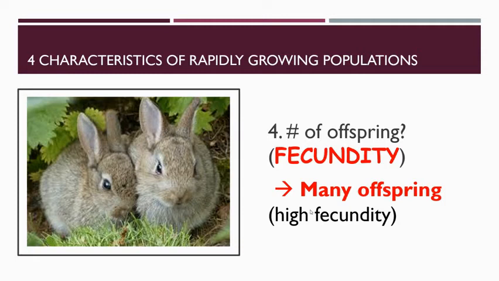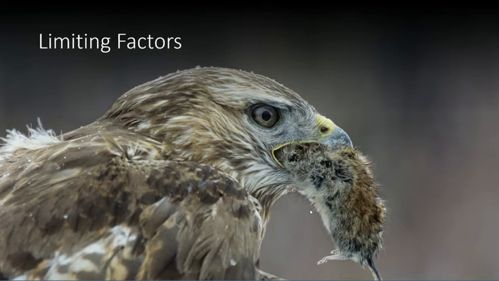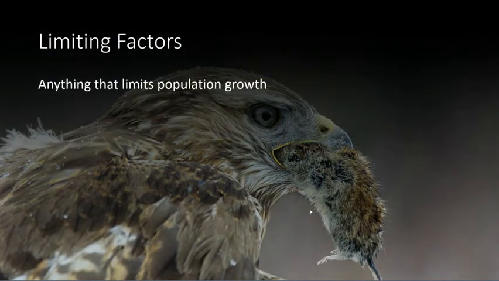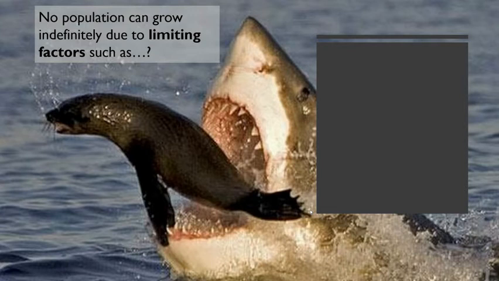So why don't populations grow like that indefinitely? Limiting factors, right? Anything that limits population growth. Here we see a predator limiting the population growth of a rodent of some kind. So what are some of these limiting factors? We talked in general about some of them, but how about specifics?